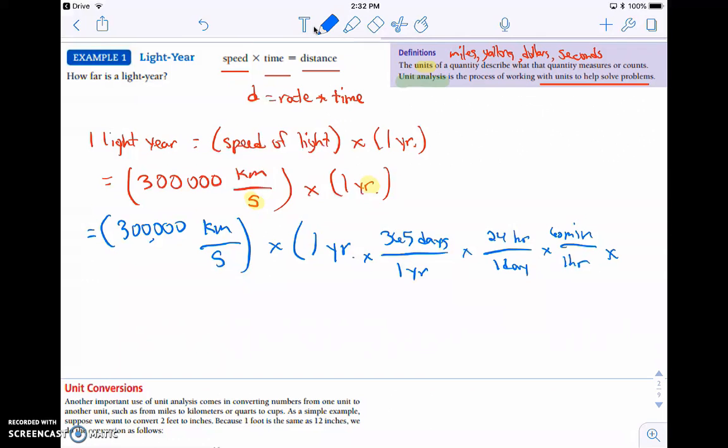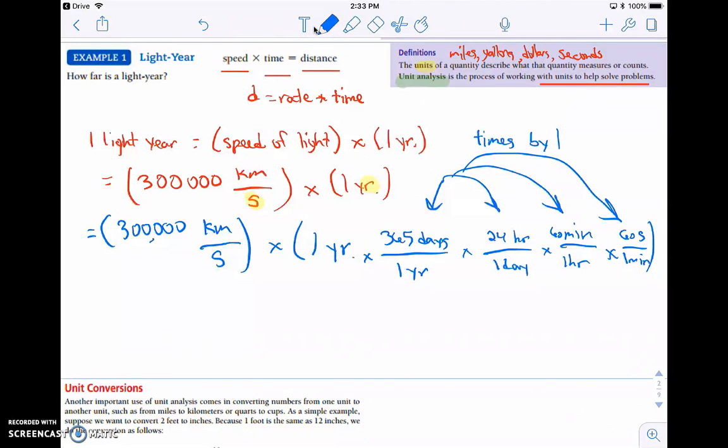And then there are 60 seconds for every 1 minute. And we're finally down to seconds. So every one of these fractions is equivalent to multiplying by 1, because 365 days is 1 year, 24 hours is 1 day. So we're really just multiplying by 1.